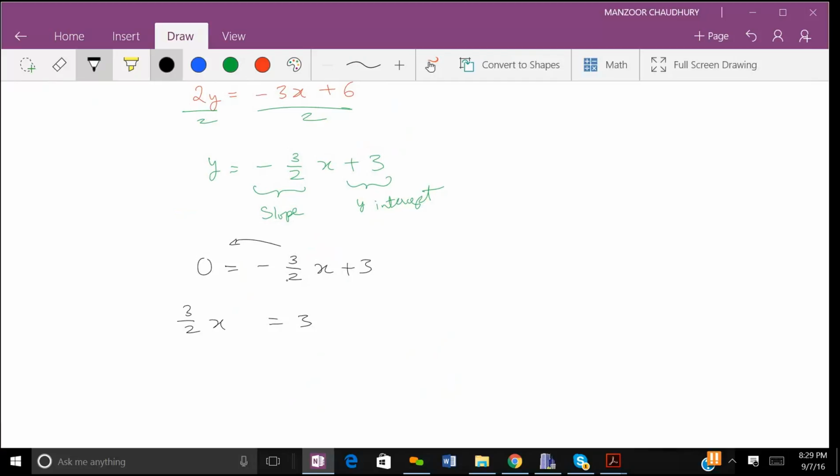I need to multiply both sides by the reciprocal. The reciprocal is 2 over 3, basically the flip of it, okay? So you need to do the same thing on this side. What you end up with, 2 and 2 cancel, 3 and 3 cancel, 3 and 3 cancel, x is equal to 2. That's your x-intercept. X-intercept equals 2. Okay?